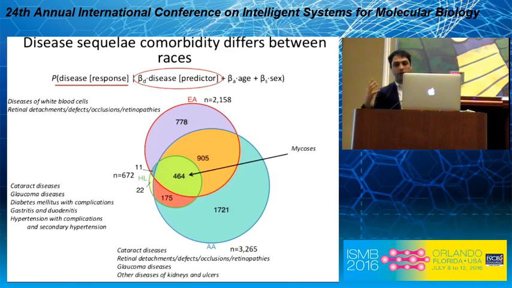What's also interesting is the only category that was enriched for the disease pairs common among all three was mycoses, which may make sense as people in New York City live very close together, and fungal infections could be a product of environment. So it could make sense that maybe there is a strong environmental component to this that extends beyond race.